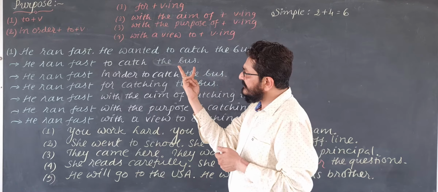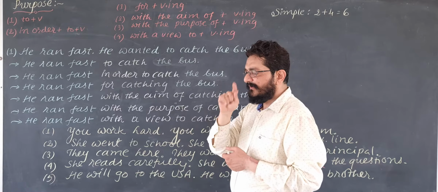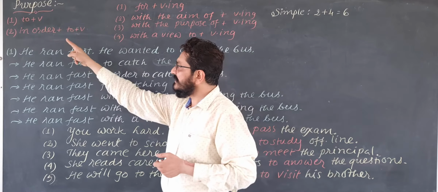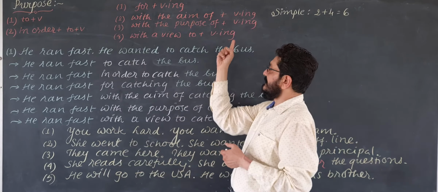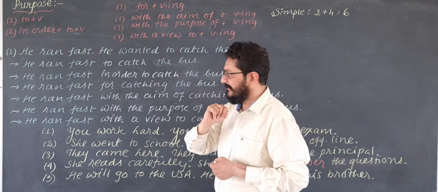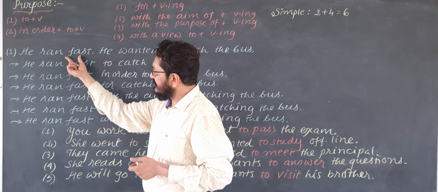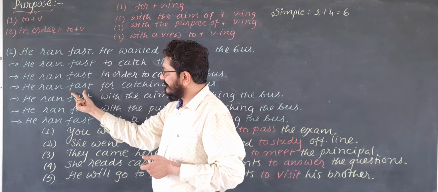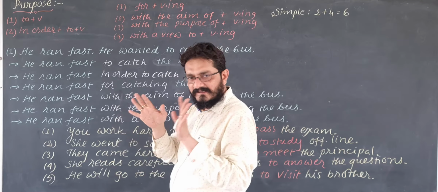Now these two simple sentences should be converted into one simple sentence using infinitive or present participle, that is VING. Now see, in the very first sentence there is no change. The first sentence you have to write as it is.